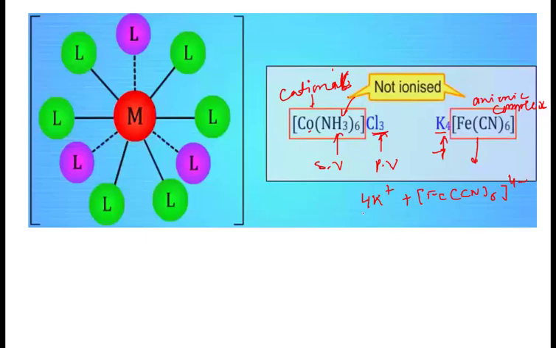So the ionizable part will constitute primary valency, and the 6 cyanide ions will constitute secondary valencies. So I hope from these examples it is clear which one is primary valency and which one is secondary valency.